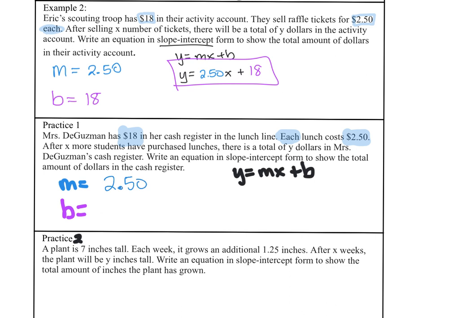Therefore, this is her starting point. Let's go ahead and write that in our equation. If you got that right, give yourself a pat on the back. You are doing fabulous. All right, let's see how you did on practice number 2.